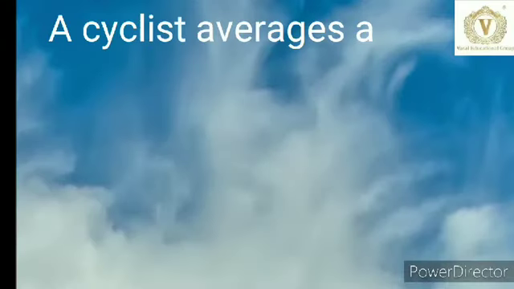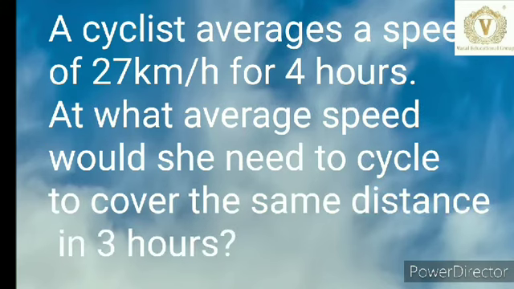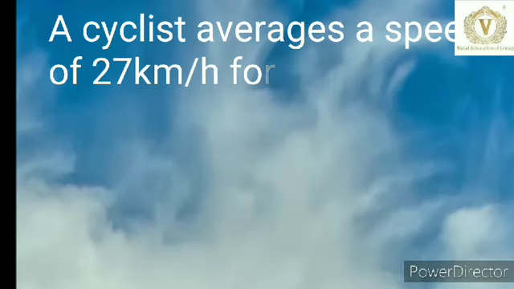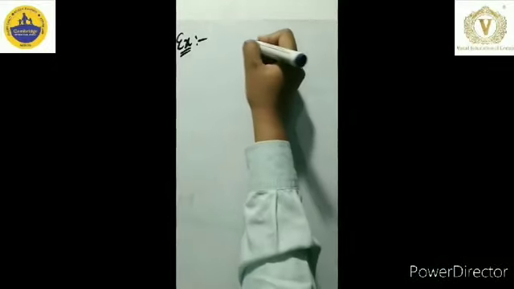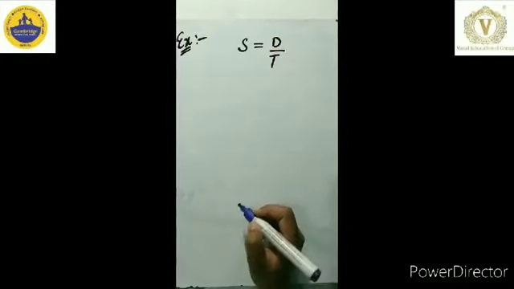So the next example is, a cyclist averages a speed of 27 km per hour for 4 hours. At what average speed would she need to cycle to cover the same distance in 3 hours? So this example is related to speed and time. We know the equation that speed is equal to distance upon time, right?